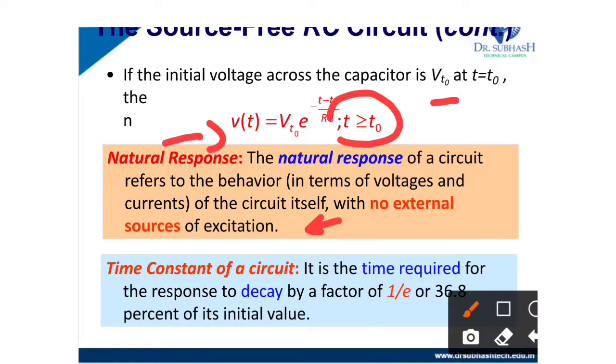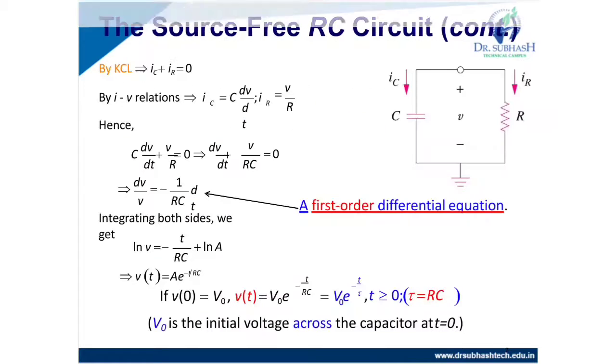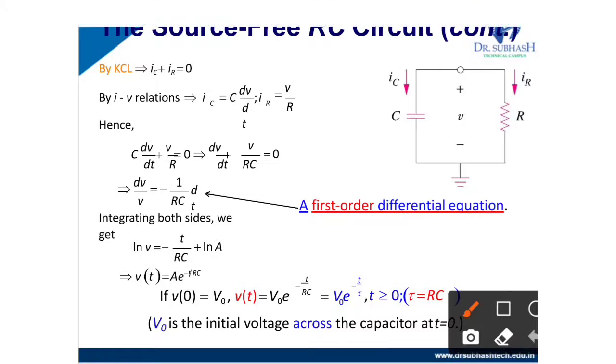The time constant tau of a circuit is the time required for the response to decay by a factor of 1 upon e, or 36.8 percent of the initial value. So here the time constant tau equals RC.